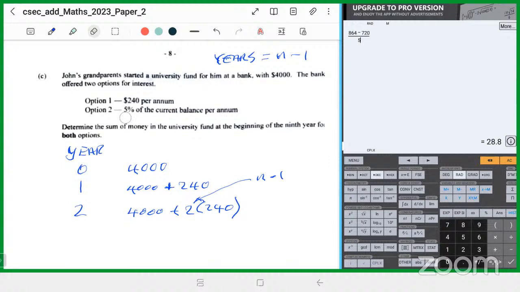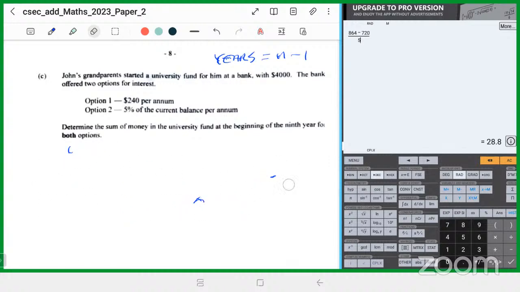The second plan, option 2, is to increase the interest. The interest will be 5% of the current balance per annum. So the interest is going to be 5% of whatever is in there. If you have $4,000 in there at year 0 when you start, after year 1, if you're adding 5% interest, the new figure is that you multiply by 1.05.